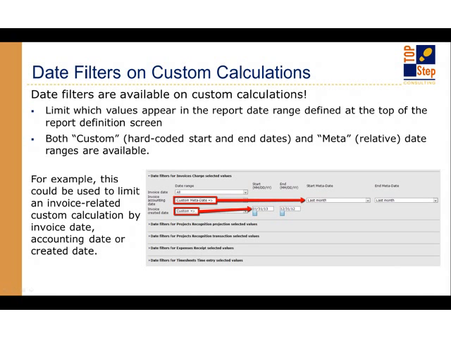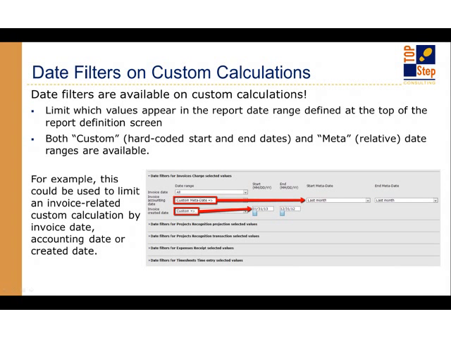So here's the idea. The way that Casey just described filtering custom calculations on particular values, it's the same kind of thing, except rather than filtering on values, you're filtering on dates. In the screenshot with these red arrows, if we have a custom calculation that includes any values from the invoices module, it's going to filter those values based on the date filters defined here.